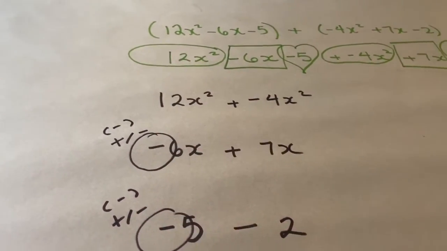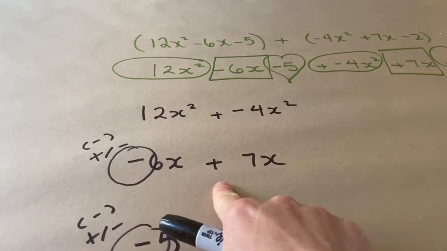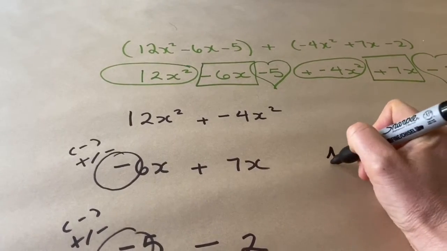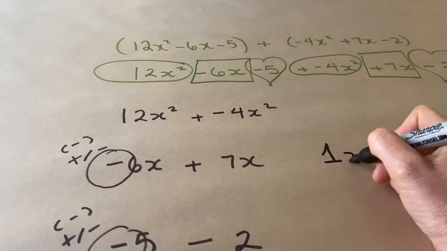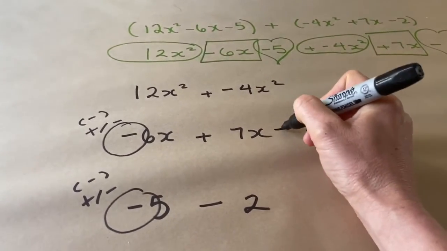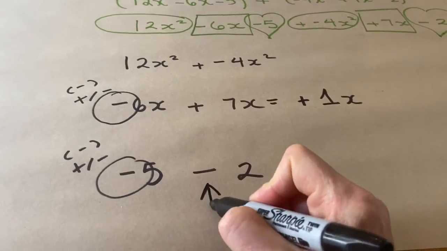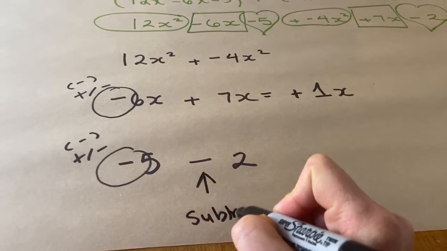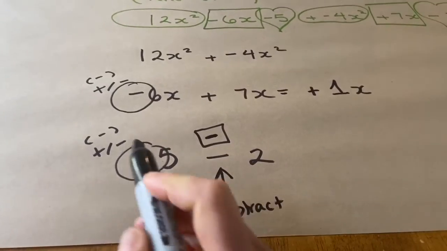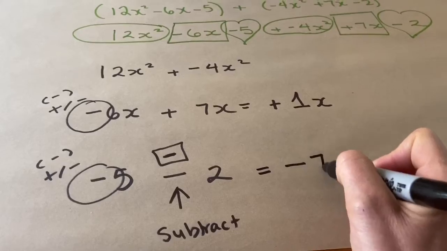You have to figure out which button that is on your calculator. So I want to go negative 6 plus 7. Negative 6 plus 7 would give you 1. Don't forget to put the x because there's an x there. And because it's just 1, we put a plus. Okay? Here we have negative 5, and this one's in the middle, so this is subtract. You want to use the button that's like this. So negative 5 subtract 2, that would give you negative 7.